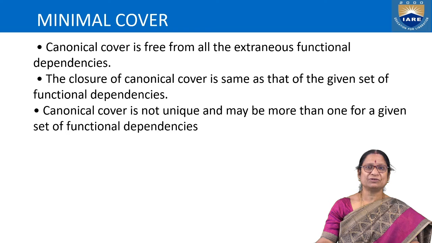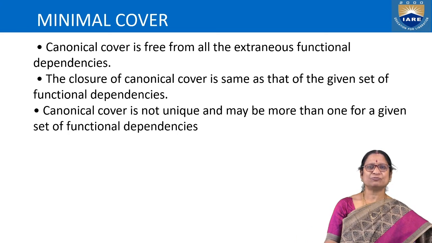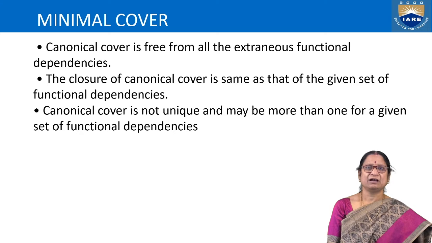If any such FDs are identified, sometimes at the time of designing it might happen, because we write our FDs using a set of business rules, so sometimes the FDs are repeated, or may be inferred from already known FDs. Such extra dependencies can be eliminated by using the minimal cover. So the closure of the canonical cover is the same as that of the given set of FDs.